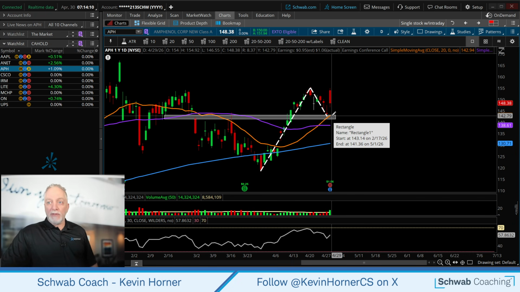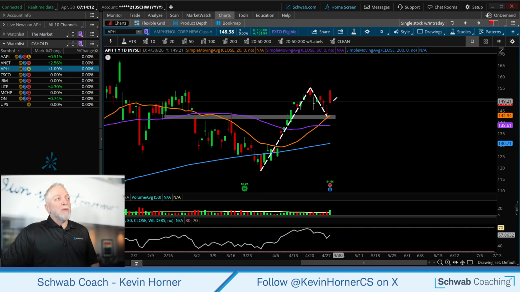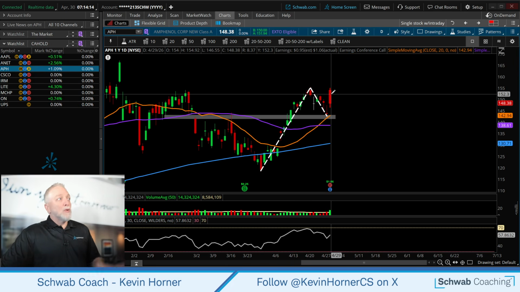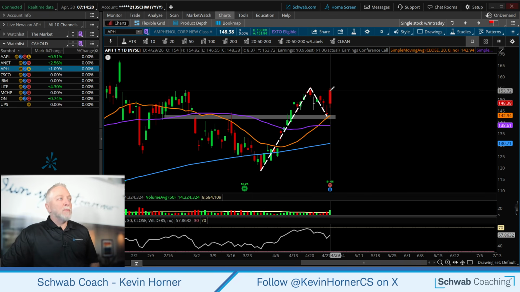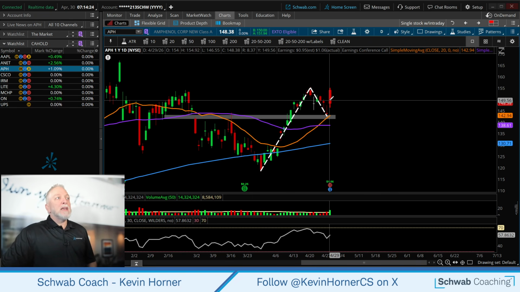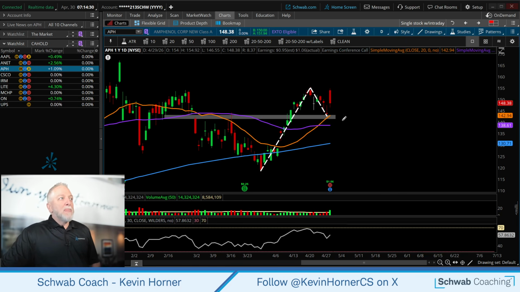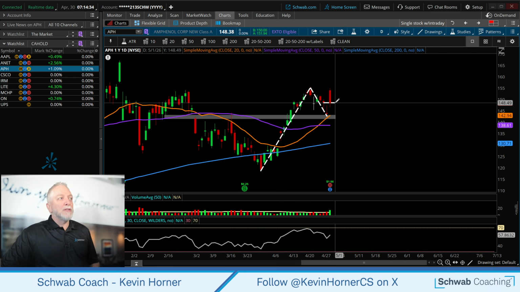We call that confluence. And so today what we see is this candle, granted it's red, which tells us that we opened much higher. We opened at 154. We went as high as almost 155, but the key component is that we closed yesterday 148.38, and that is still above the high from the low day.